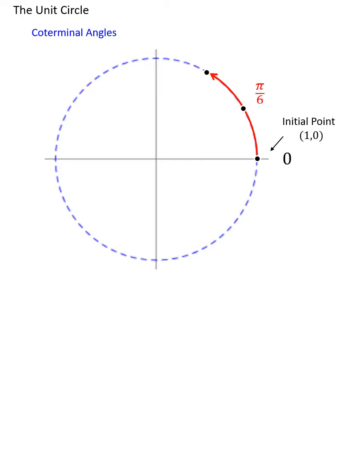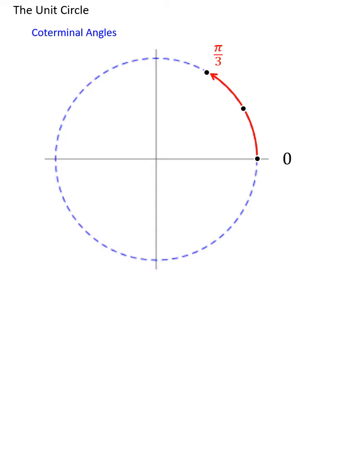It terminates here because an arc that terminates halfway through it is pi over 6, and this arc length would be 2 pi over 6, also known as pi over 3. That shouldn't seem new to you after what we just viewed, but we refer to that point as pi over 3 because the arc that terminates there has a length of pi over 3.